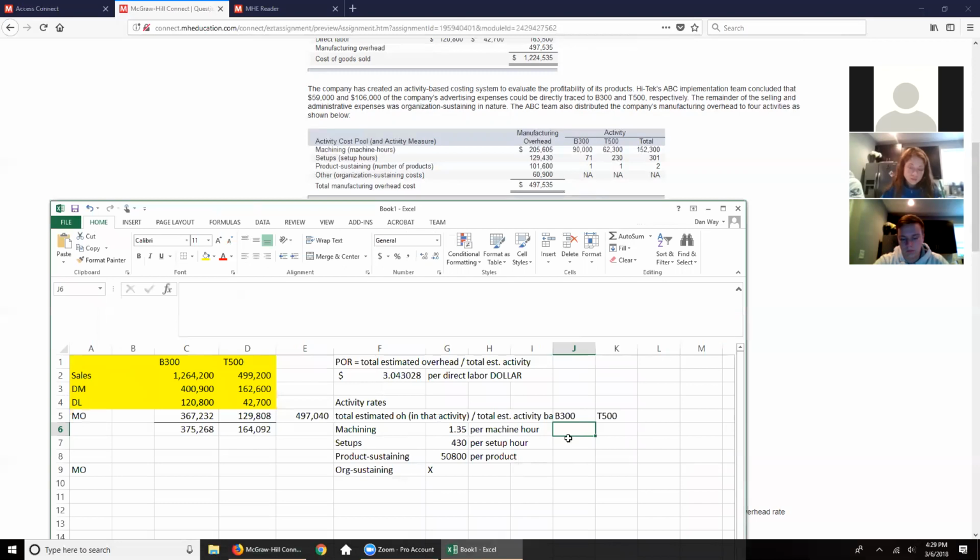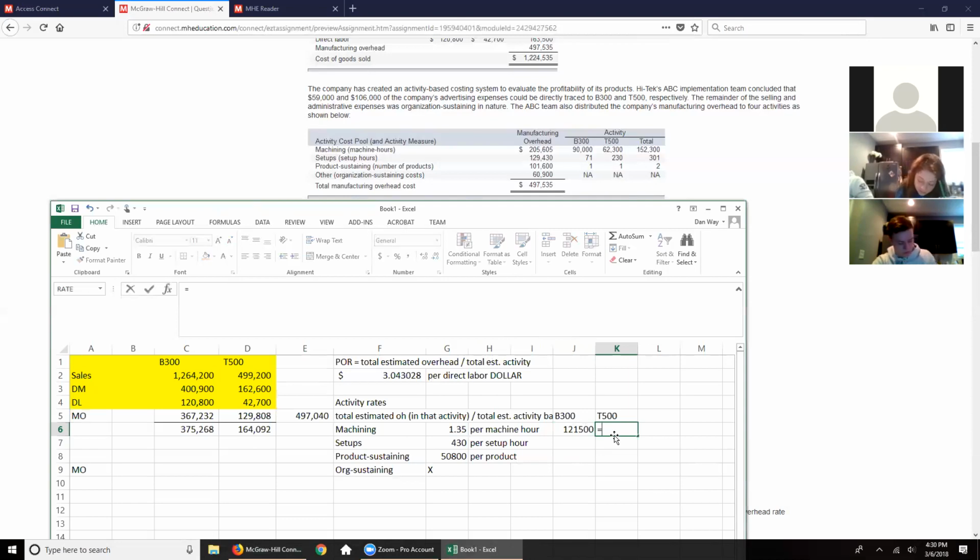So the B300, for example, was responsible for 90,000 machine hours in that machining pool. So 90,000 times $1.35 per machine hour means we're applying 121.5 to the B300.